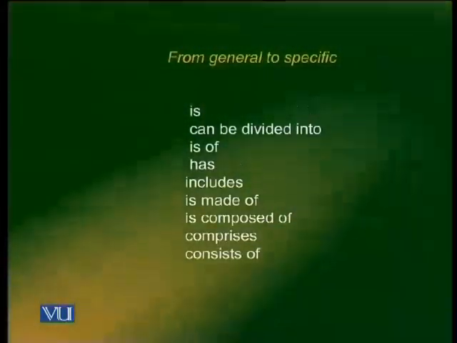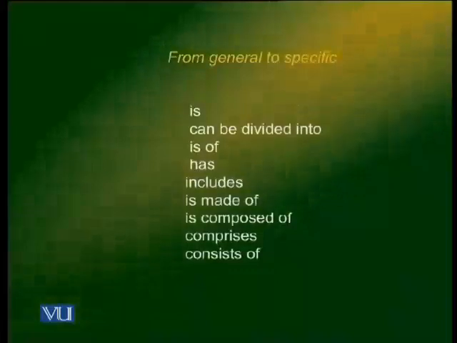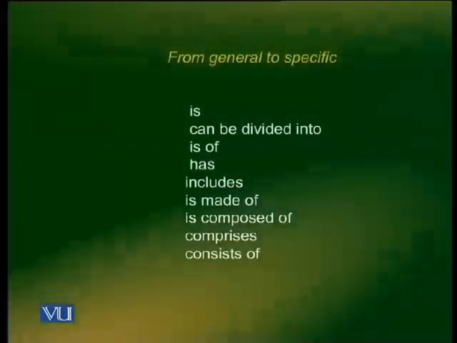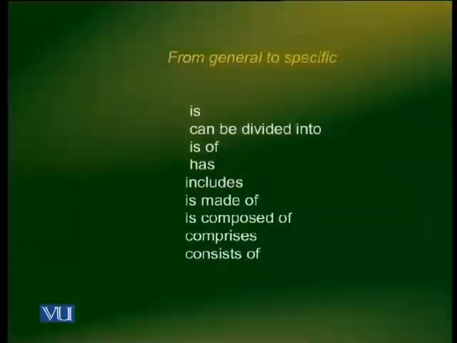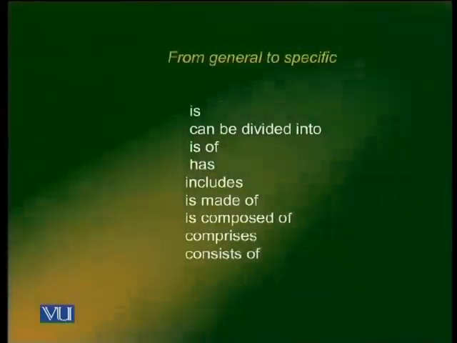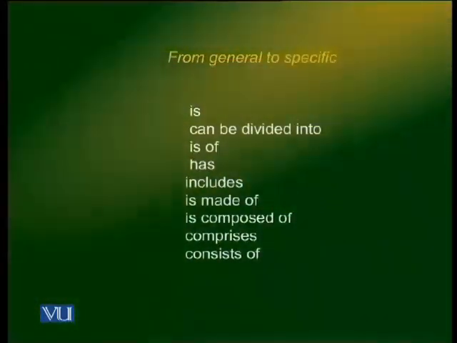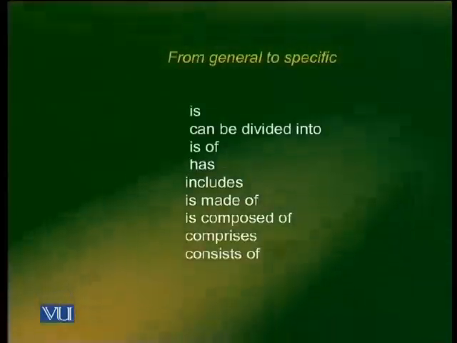And the following expressions are used, and you can use these. For instance, the words: is made up of, is composed of, comprises, consists of, can be divided into, is, has, includes. These are all words to define classification.